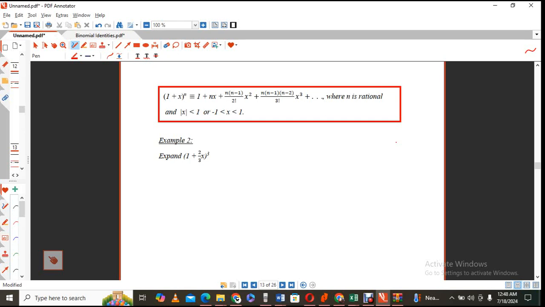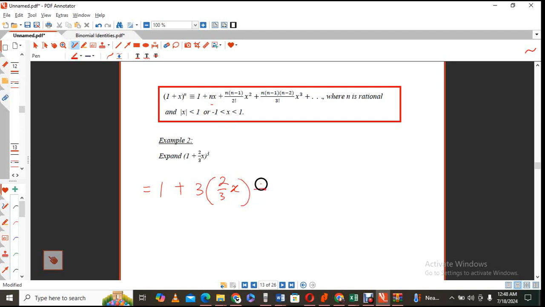Okay, using what we know, the formula is on top, so this is going to be nothing but 1, and the second one is going to be the power, which is 3, times 2 over 3 x, using this part here.